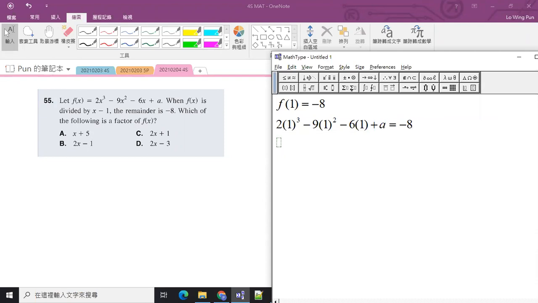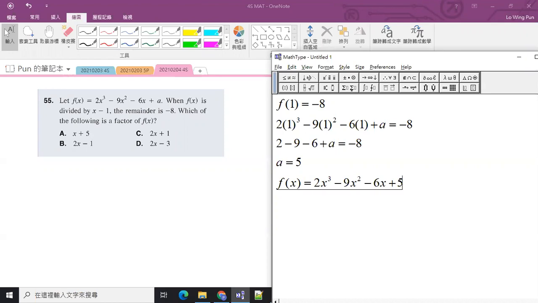Then 2 minus 9 minus 6 plus a is negative 8, and we have a equals 5. Yes, a is equal to 5, so we have the complete information of f(x).